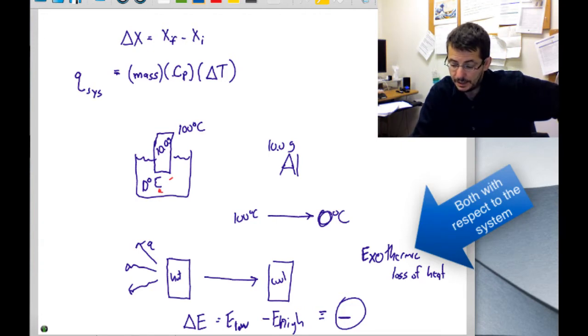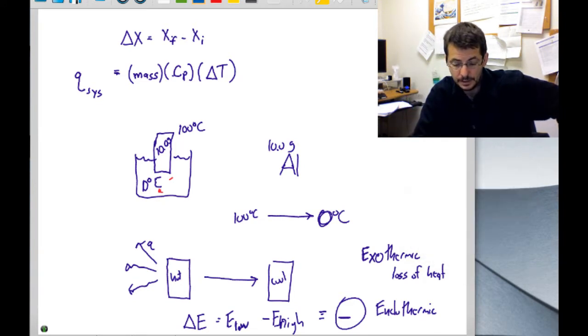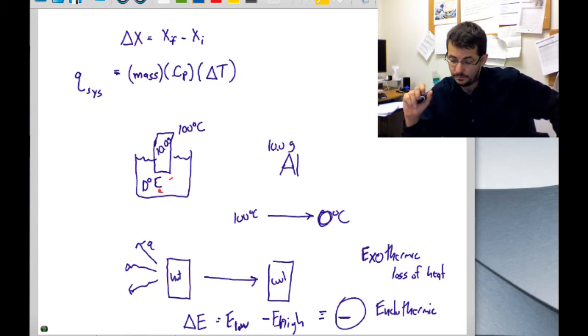And we can define materials that gain heat energy as endothermic. And that's always relative to the system. The system has given up heat energy. So endothermic, and that's again another gain of heat energy.